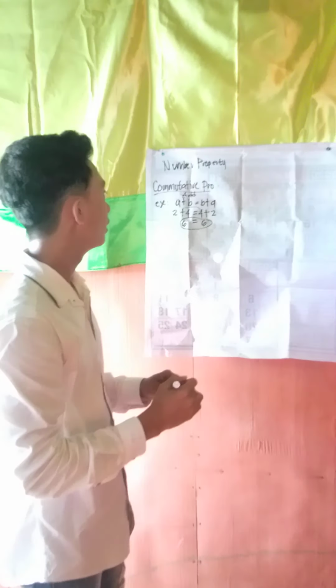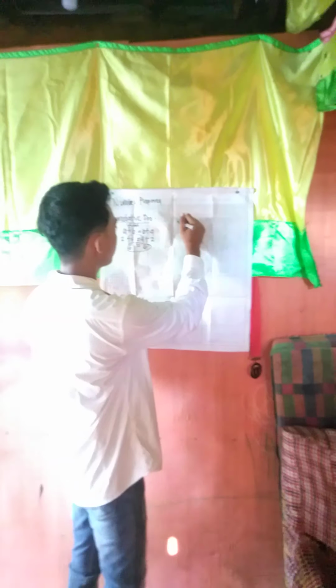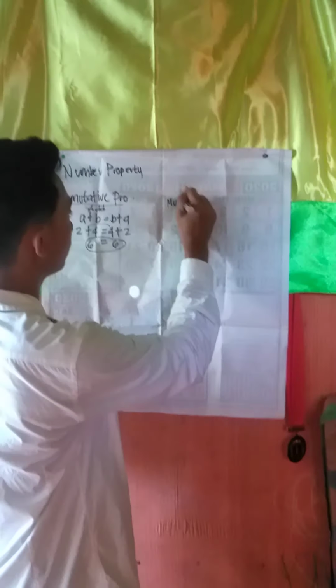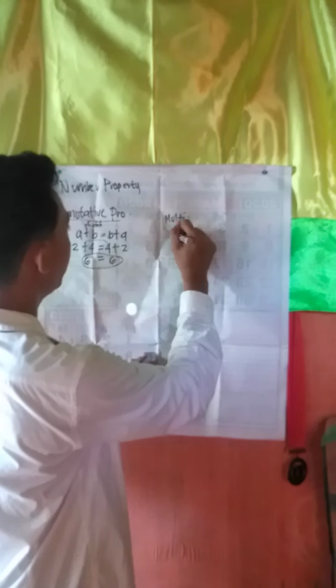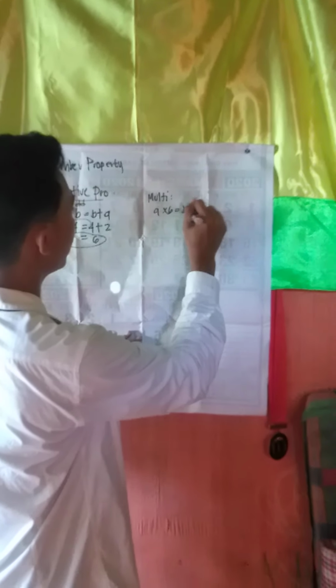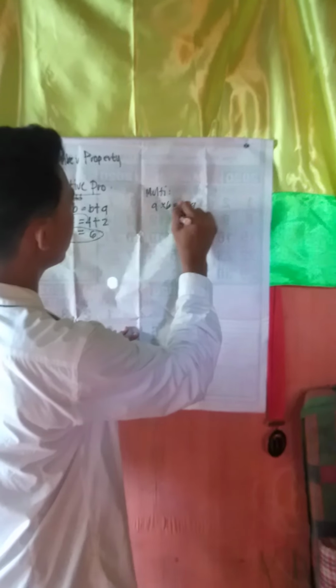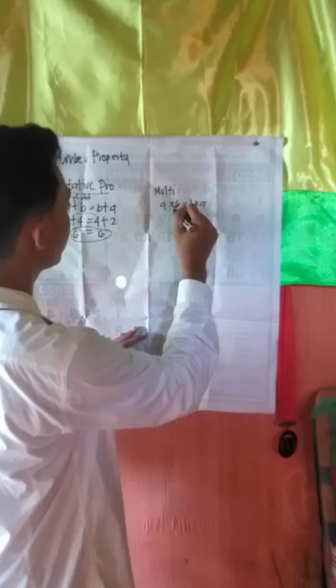And now, let's proceed to the multiplication, which is A times B equals B times A. As you can see, there are similarities.